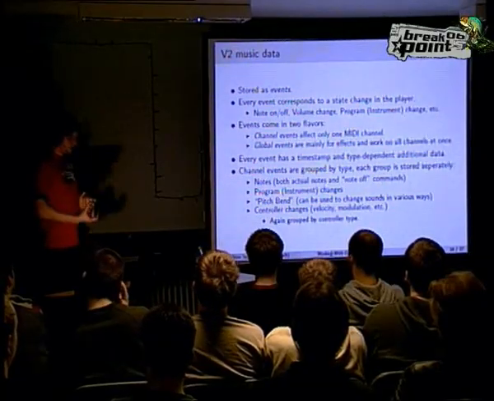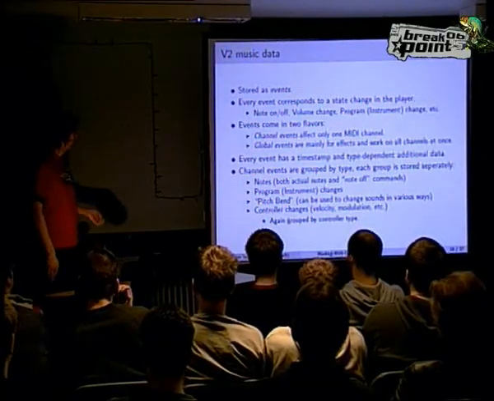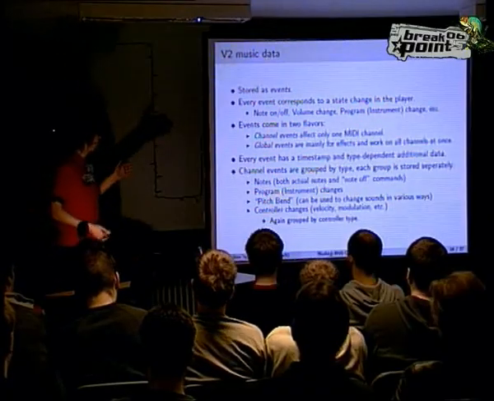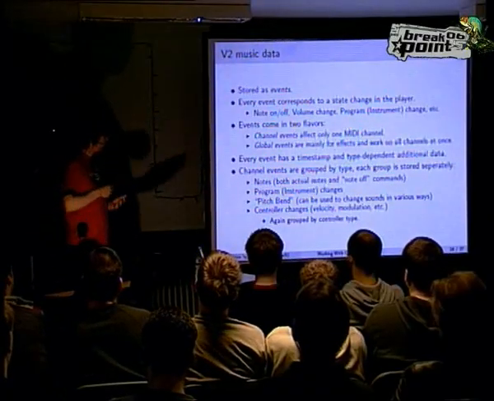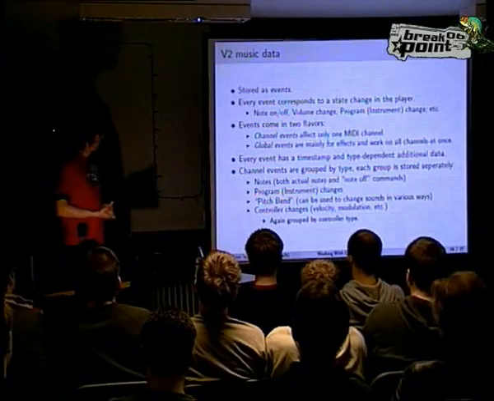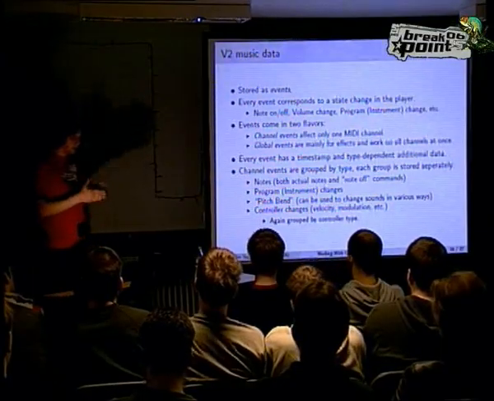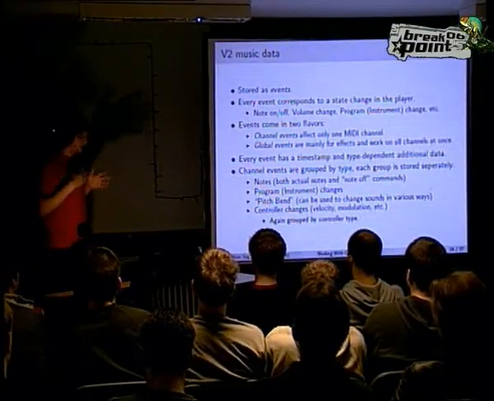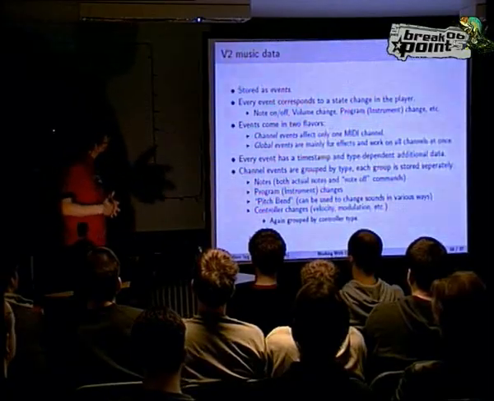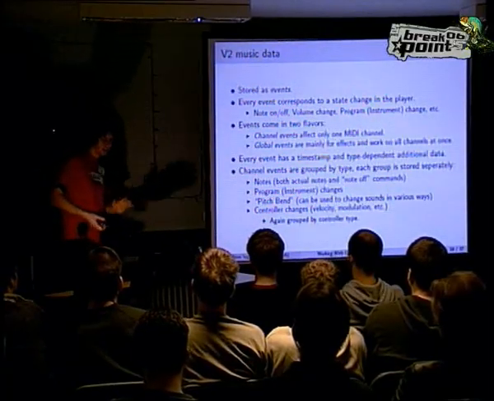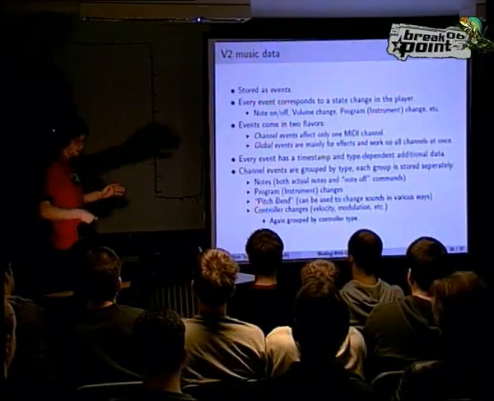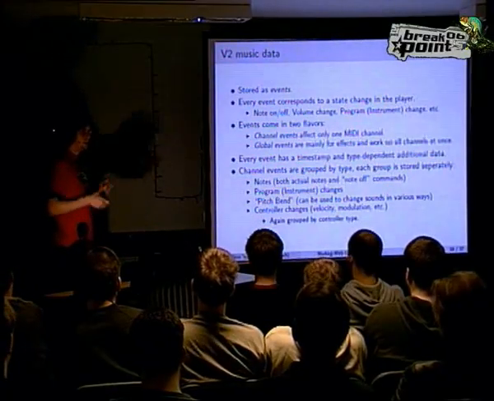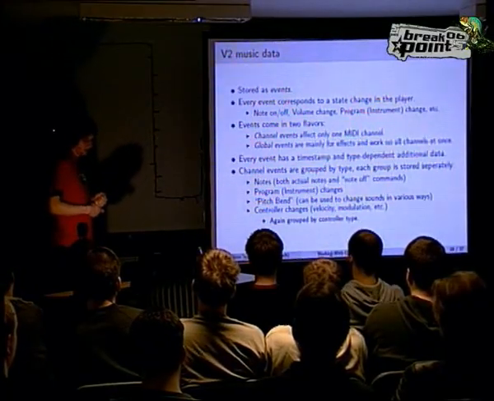And there are global events, which are basically there because the V2 is not the standard MIDI instrument like you would usually have, but also has some mastering filters and post-processing effects. So that's what gets controlled by the global events. And every event has a timestamp and some additional data that depends on what type this event is.